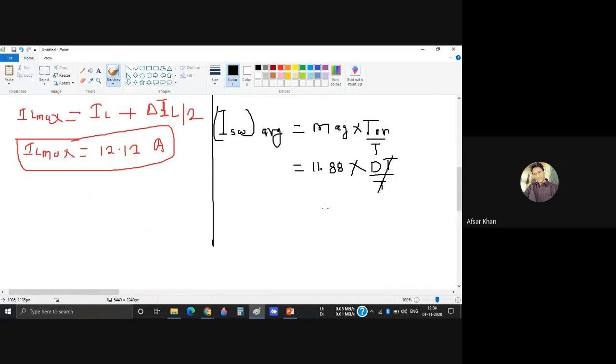And the formula for duty ratio D is output voltage by input voltage. So your duty ratio is V naught by VDC.